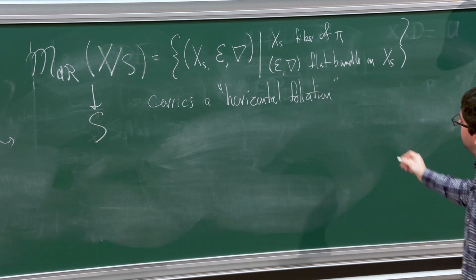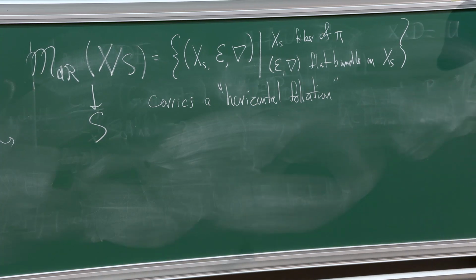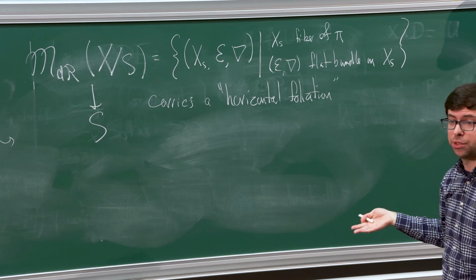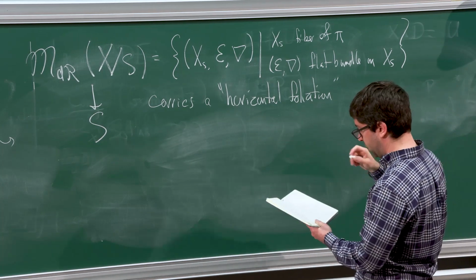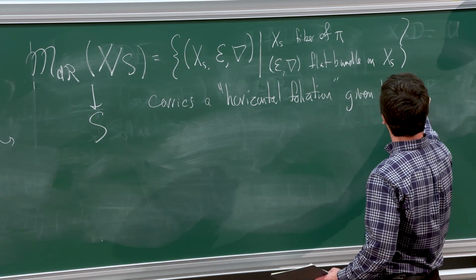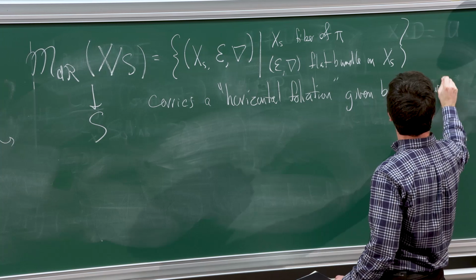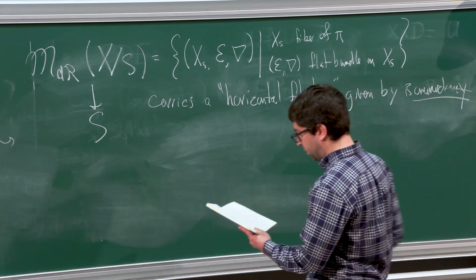And let me, instead of describing the foliation as a splitting, tell you what the leaves are, so what the flat sections are. This is given by isomonodromy. So what does this mean?